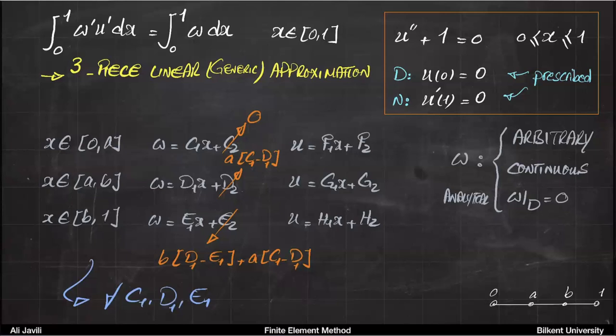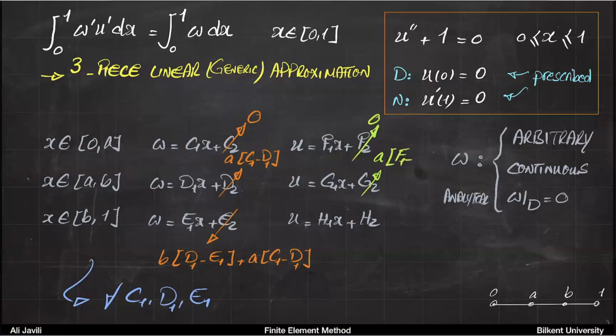Now we played a similar game for the U part, because U at 0 is 0. If you put X equals 0, then U is 0. That means F2 is 0. Again, G2, because U also should be continuous, so you don't want to have a jump of displacement at nodes, obviously.